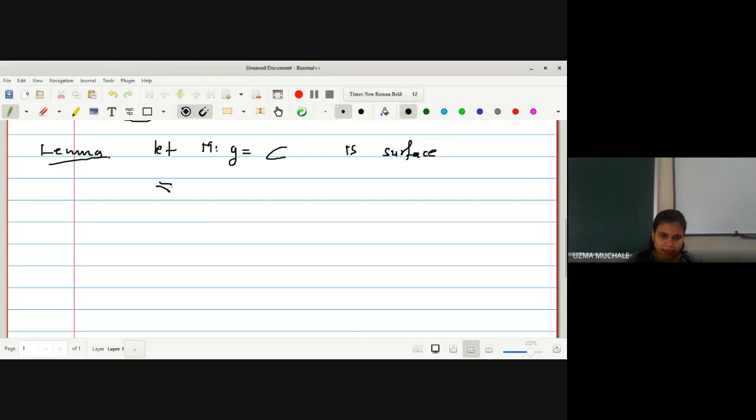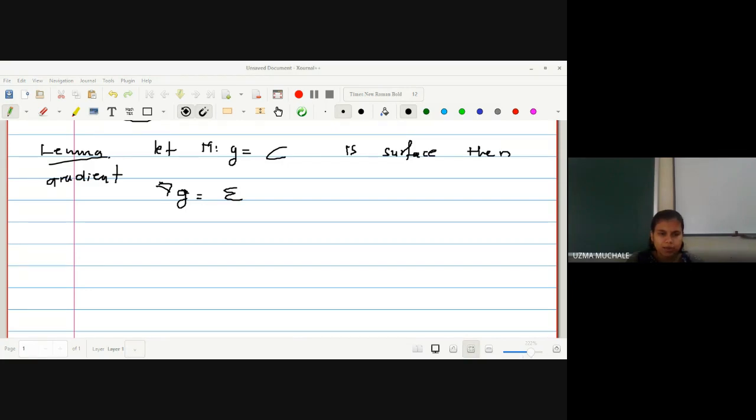Okay, then the gradient vector is defined by, okay, how to define the gradient: we want to find the gradient of a function g. Del g is equal to summation over i, as we know we are in a 3D space, so it is a function of x, y and z.